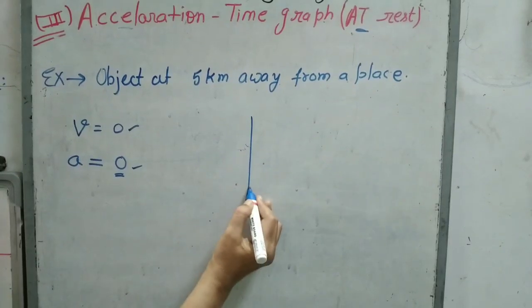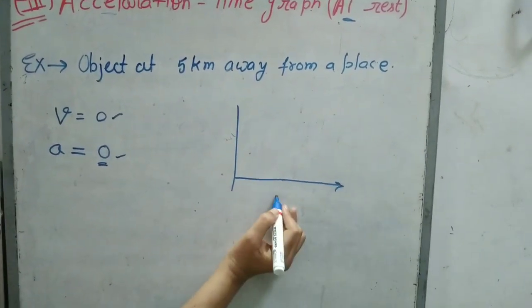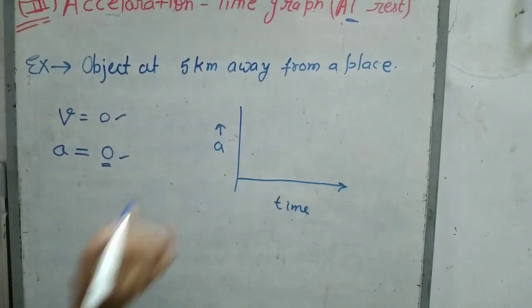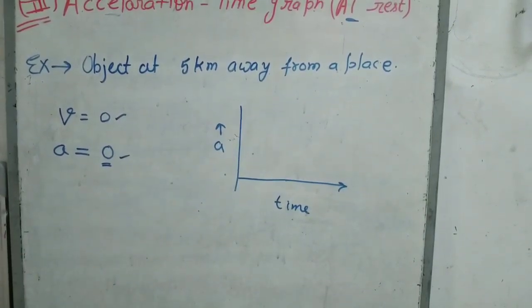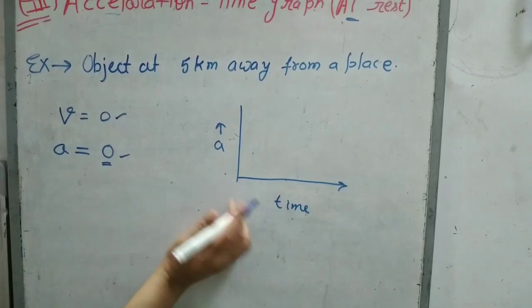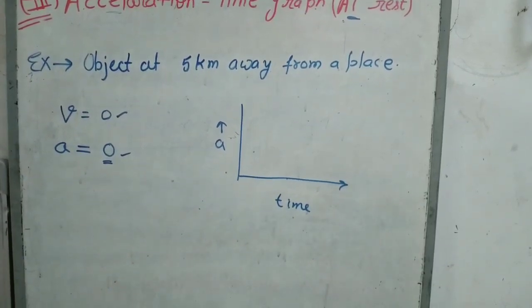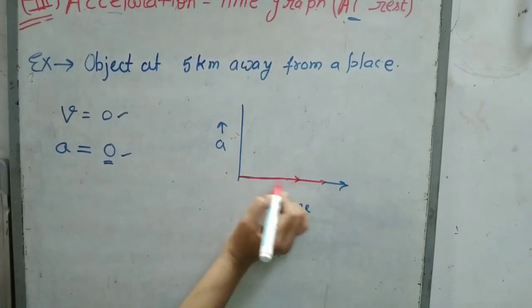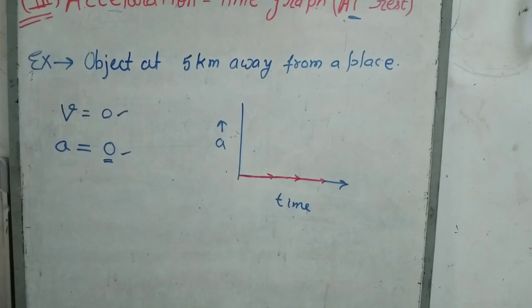So what will be the graph? Simply again the graph of acceleration of an object, of a rest object or stationary object will itself be the time axis only. Okay.